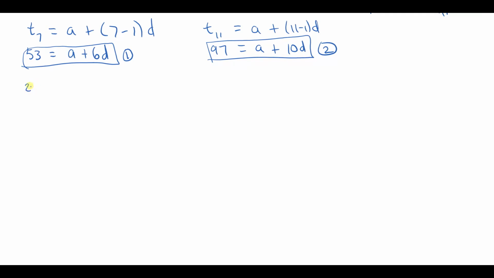I'm going to do the second equation minus the first. I'm thinking ahead, and if I do 97 minus 53, I'll get a positive number. The other way around, I'd get a negative, so I'd rather work with positives.